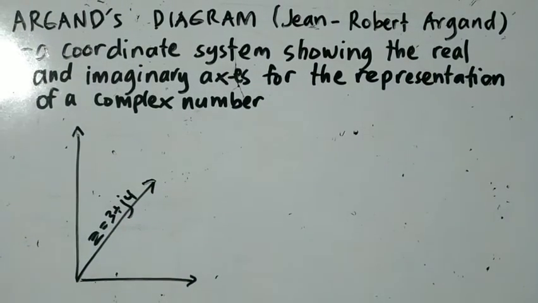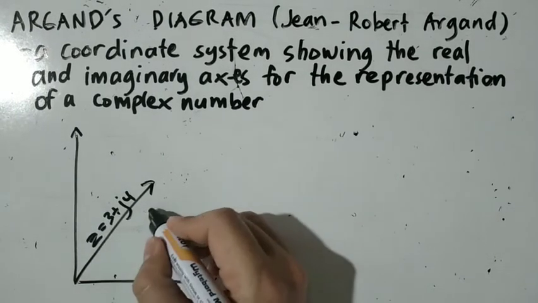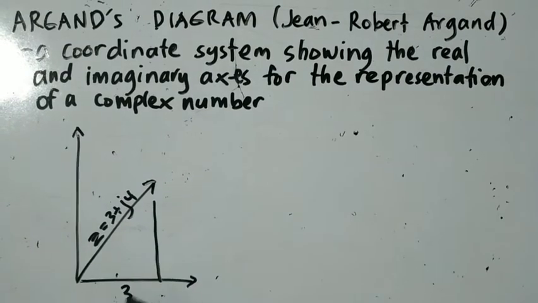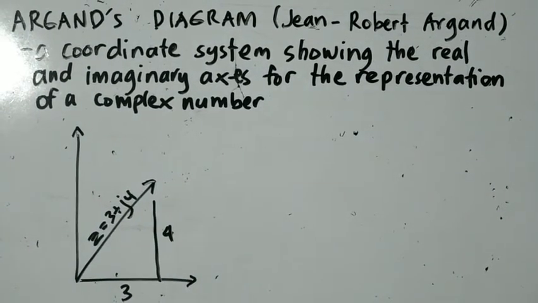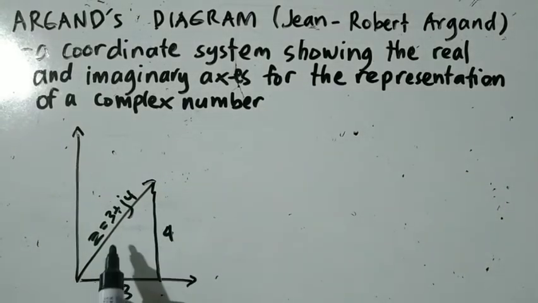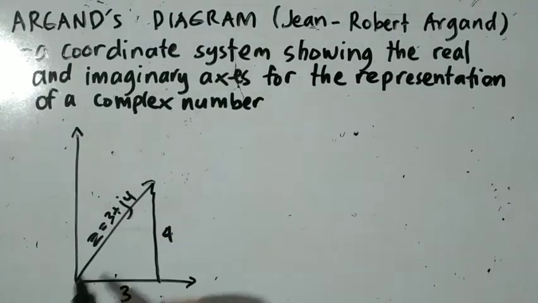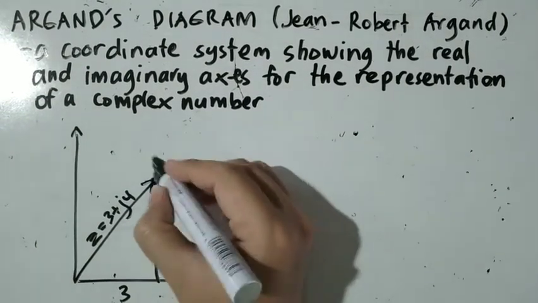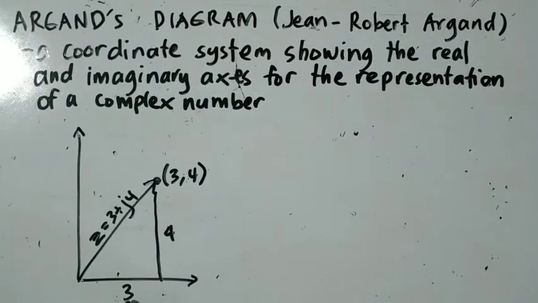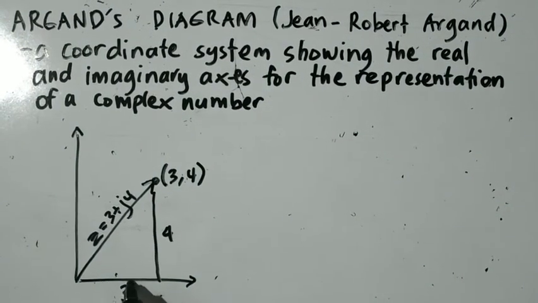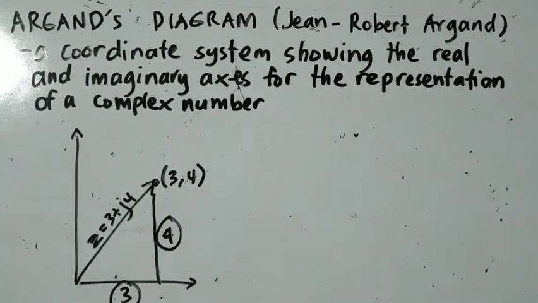That means the x component is 3 and the y component is 4. So this is the representation of the complex number 3 plus j4 in the Argand diagram. The coordinate here is (3, 4), where x represents the real part, which is 3, and 4 represents the imaginary part.